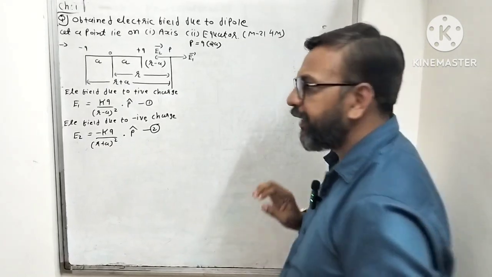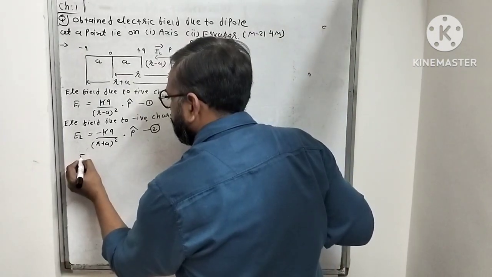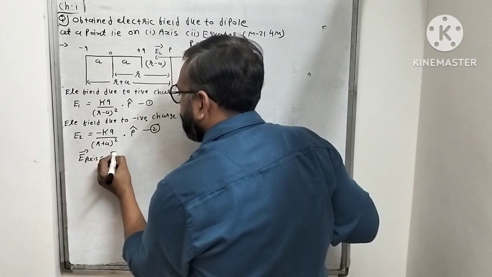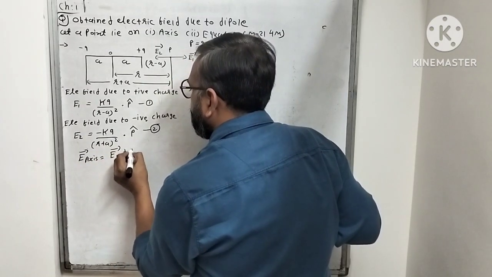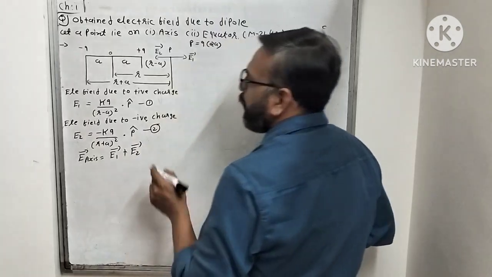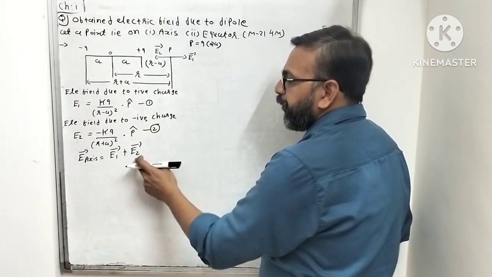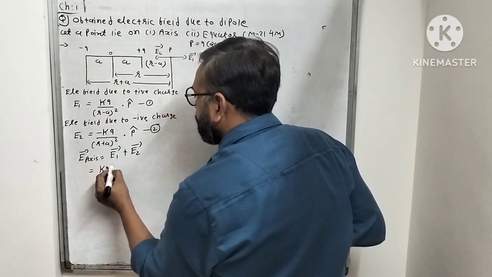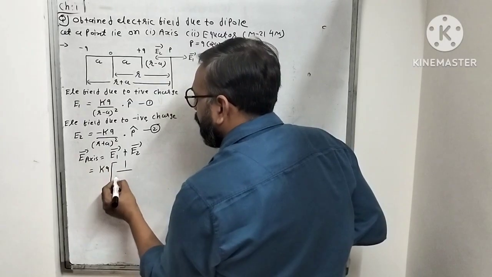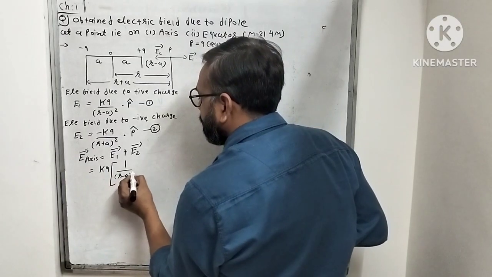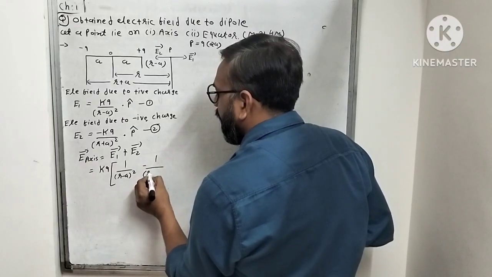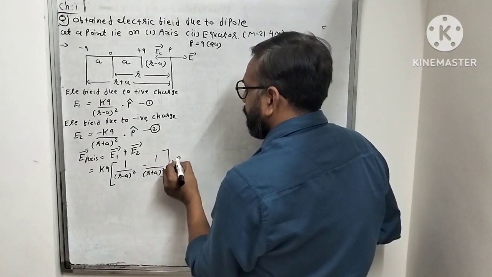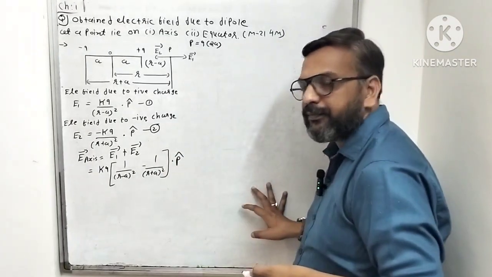So now the net electric field at the axis is E1 plus E2. Now put the values of equation numbers 1 and 2. Here KQ is common: 1 upon (R minus A) square minus 1 upon (R plus A) square, P caret.